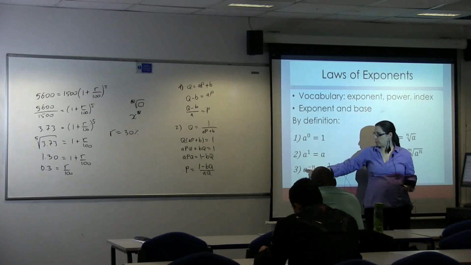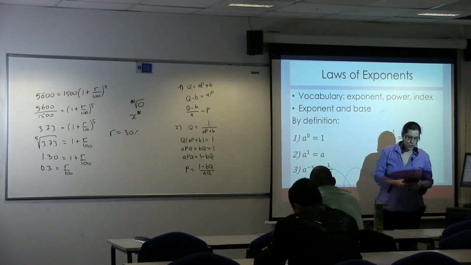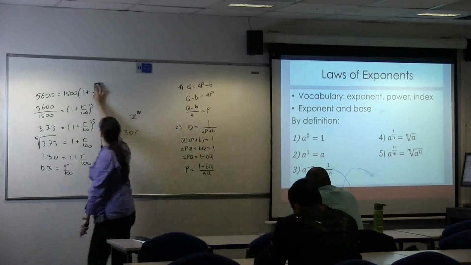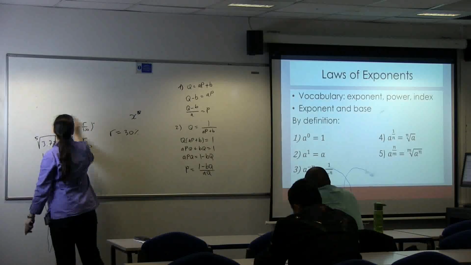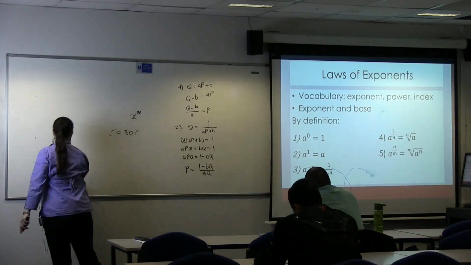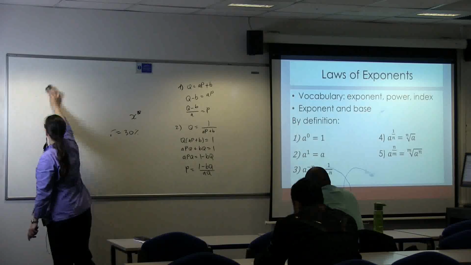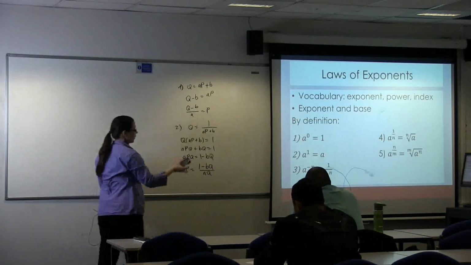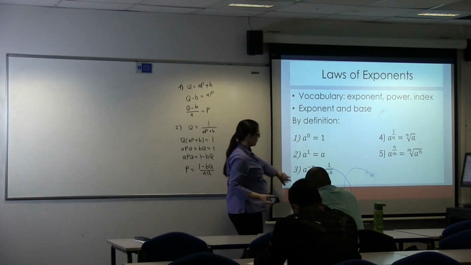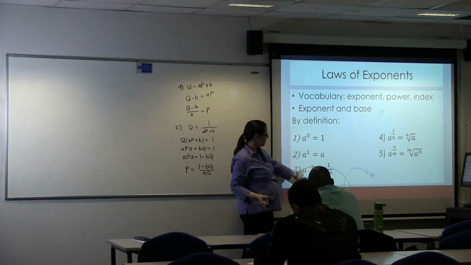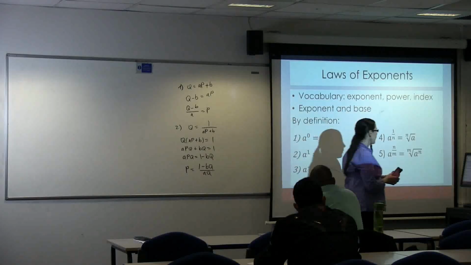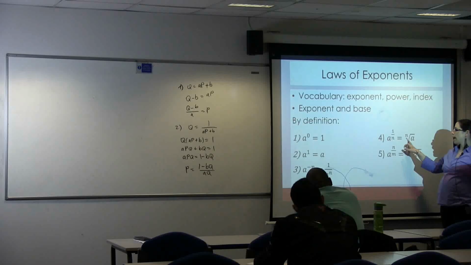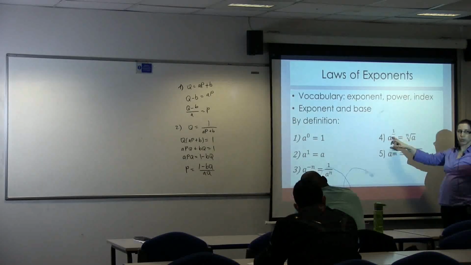This one is slightly more difficult, and that's not necessarily a definition, because you can actually derive that if you know one of the other rules, which is on the next slide. So I'm going to come back to you in a minute and show you how you can derive this when we cover that rule. But this one, what I need to remember is that the roots and the powers are exchangeable.